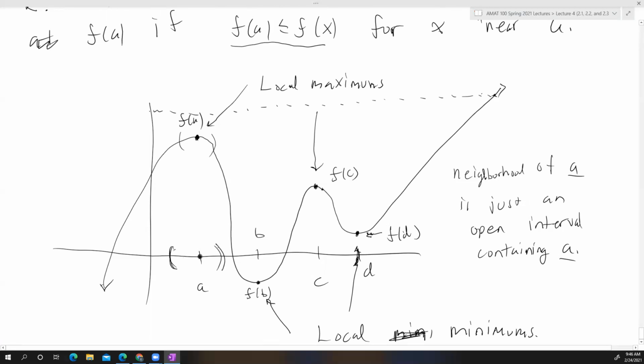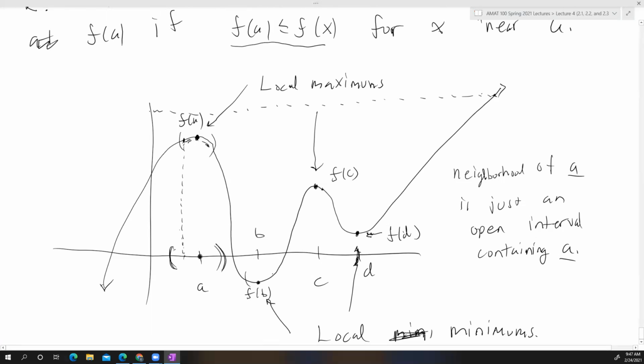So on this open interval containing A, this neighborhood of A, f is greater than all these other values because it's increasing on this side, and then it's decreasing on this side. So f of A is greater than the rest of these values right here. If I just take any other point in the open interval and try to trace it up, the height of this point is less than that point.